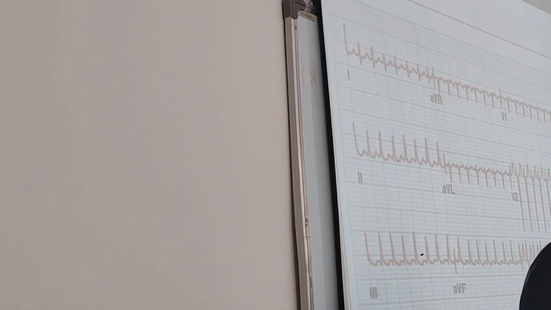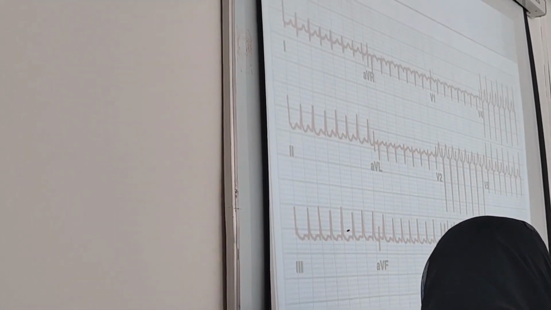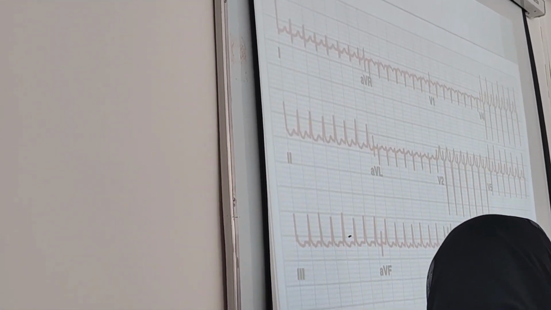So this is 300. It means that it initiates in the junction, but an overstimulation of the sympathetic system causes this high heart rate. This is called accelerated junctional rhythm.